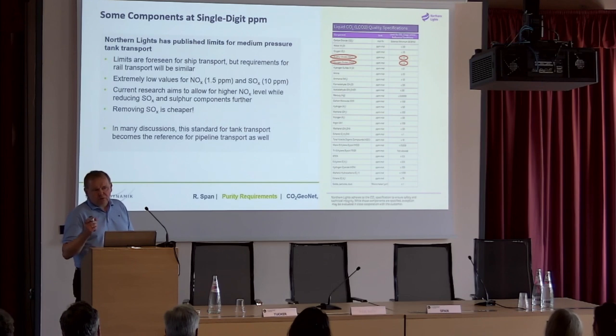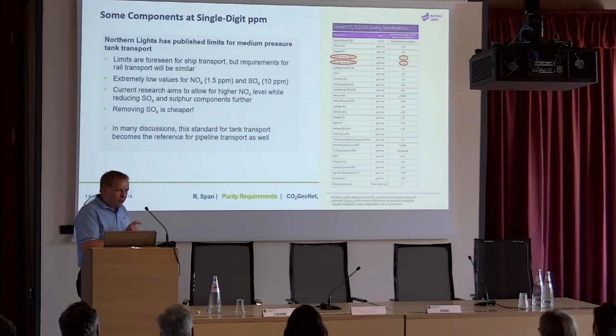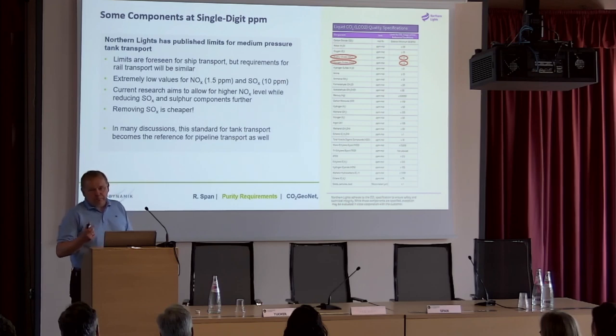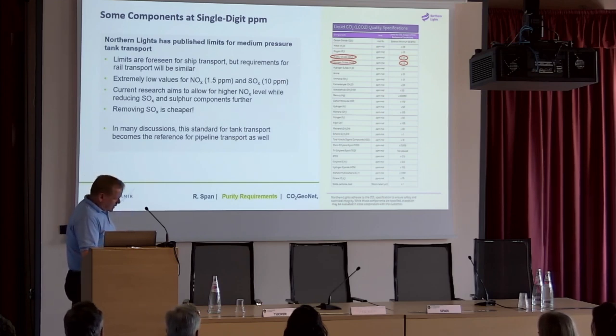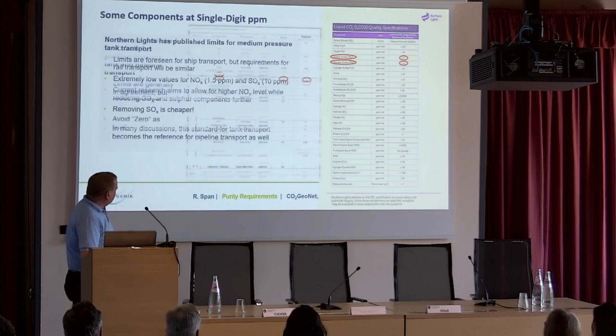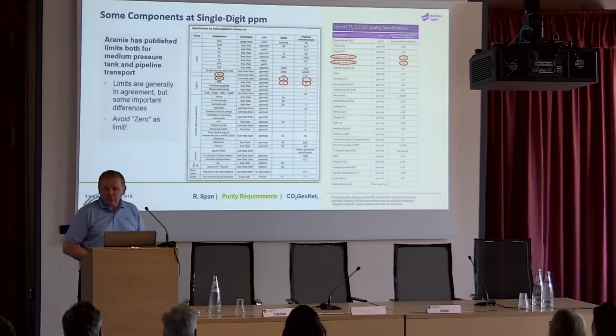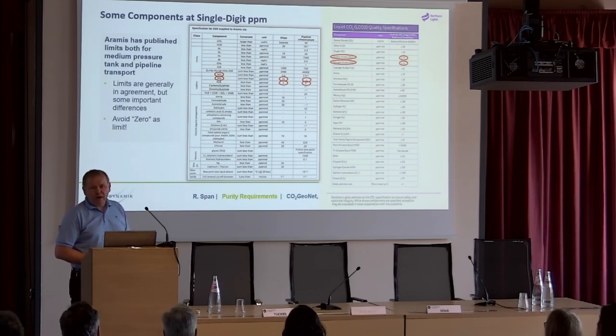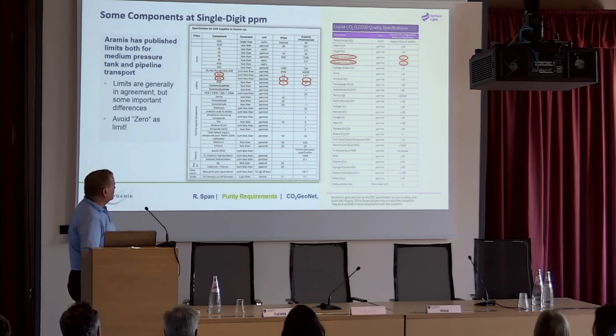And even though this is for liquid transport, it's very often used in the discussion on pipeline transport as well, which is, of course, not correct, but it's very often used for both. And Aramis has published specifications both for pipeline transport and for liquid transport. And you see that more or less there is an agreement.